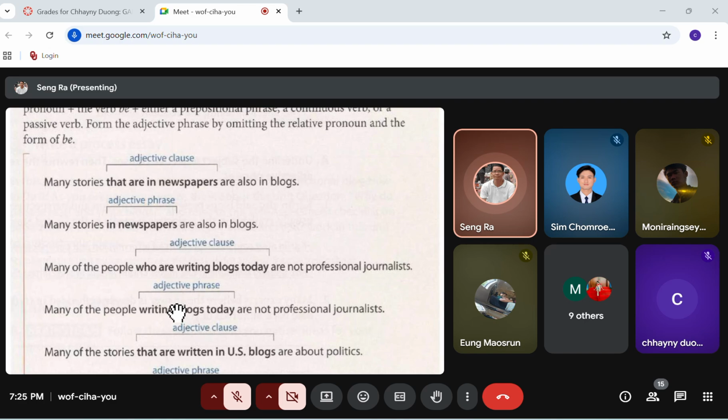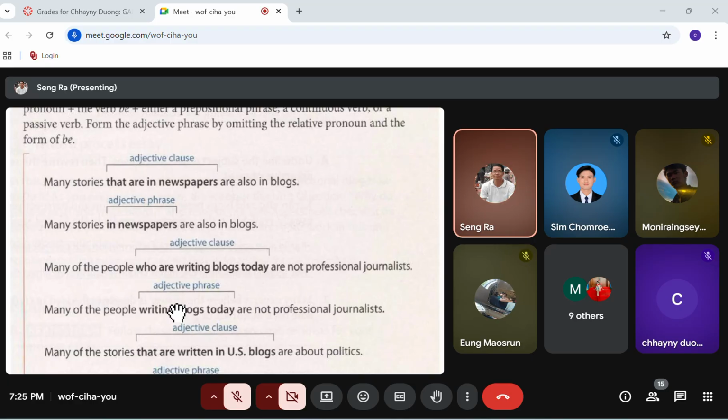You always want to vary your style. You want to vary your writing style.